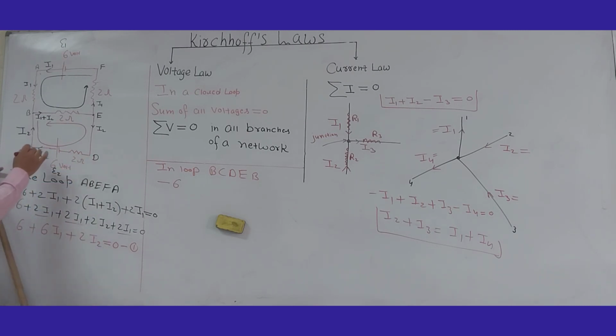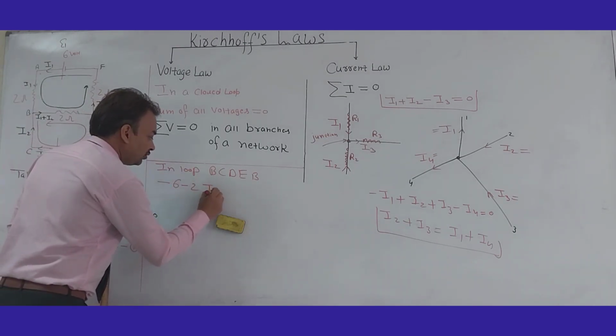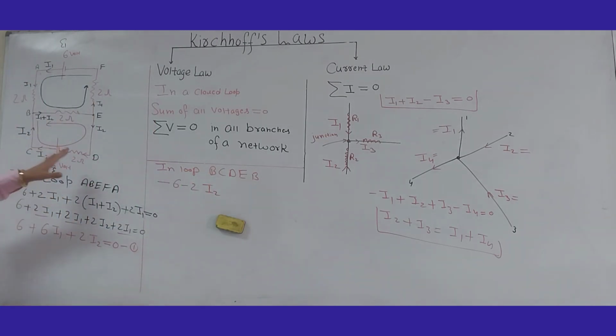Now I reach this 2 ohm. Now check the current flowing in the loop. The current is moving from D to C, but I am moving from C to D, opposite to the current. So the voltage drop will be negative. Clear? How much voltage drop will be there? Minus 2I2. And again I move from D to E, there is no resistor, so no potential drop.